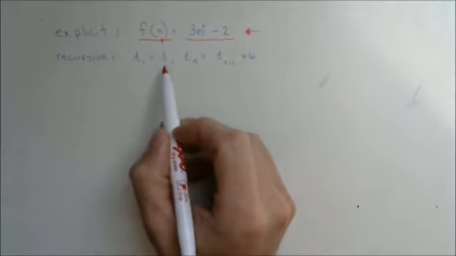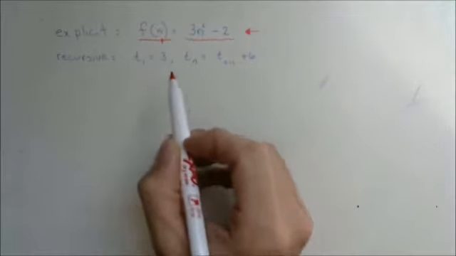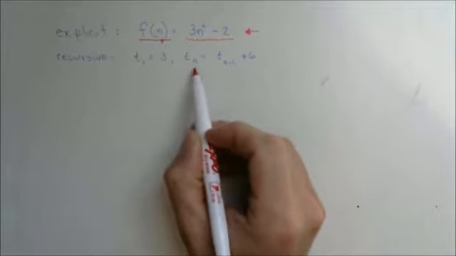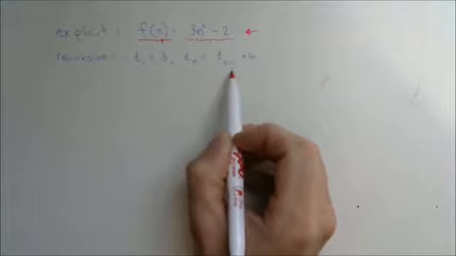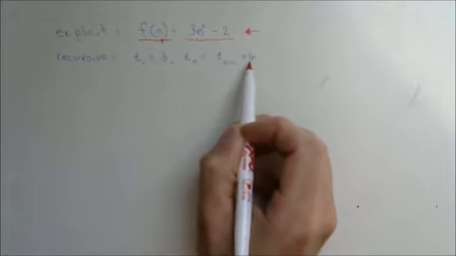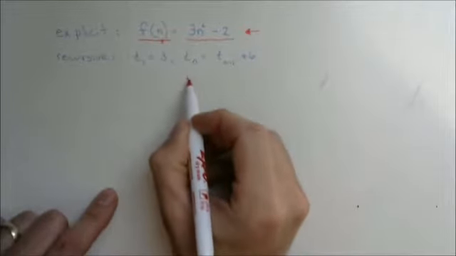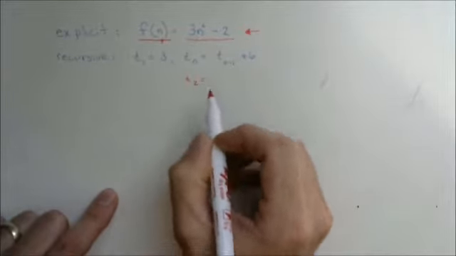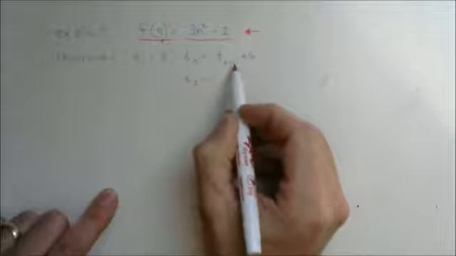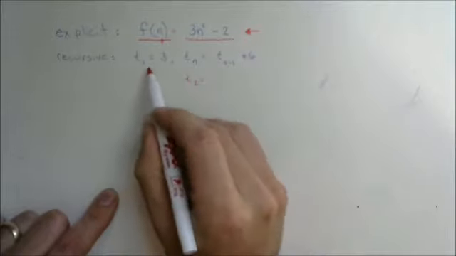The first term in this sequence is 3, and to get any term, t sub n, you simply take the previous term, t sub n minus 1, and add 6. So for this simple example, the second term of this sequence is simply the term before it, which is the first term, which is 3.